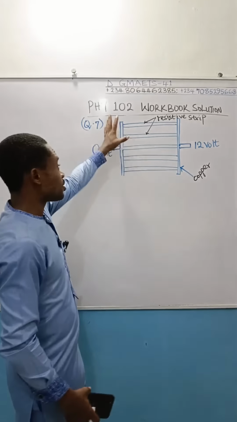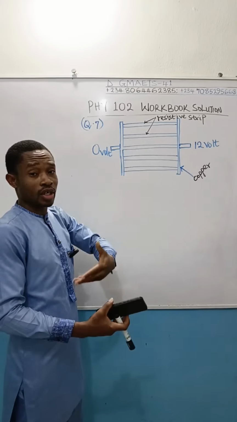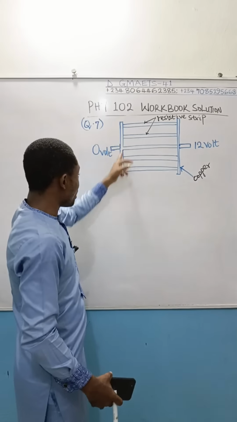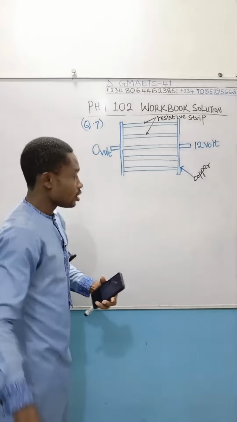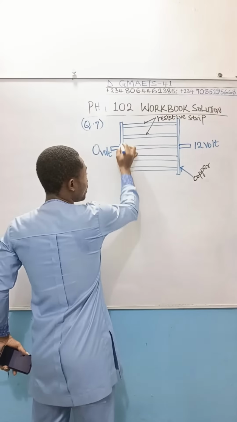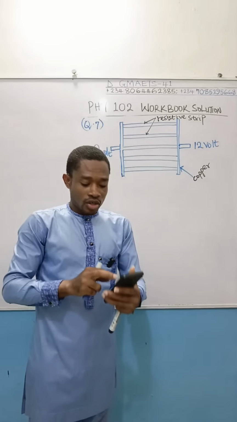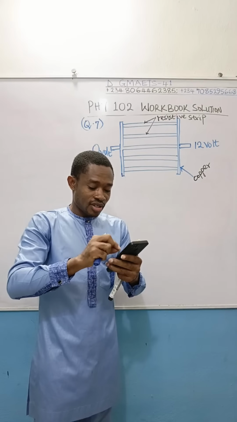So these are the resistive materials. They are called strip also, according to the question. Now, this you're seeing here is copper. The question said that the copper has negligible resistance, so we don't consider the resistance of the copper.